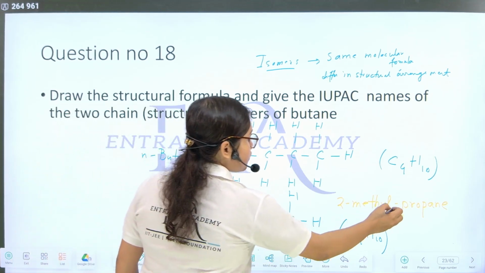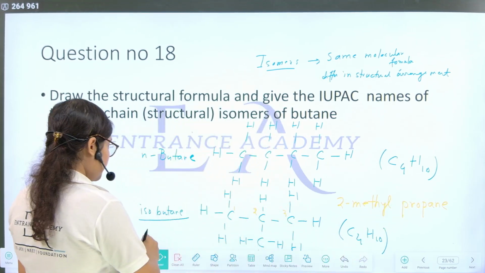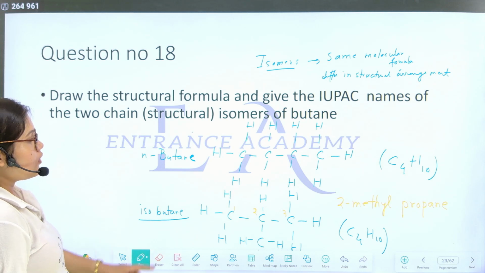So 2-methyl propane. This is the IUPAC naming of this structure.